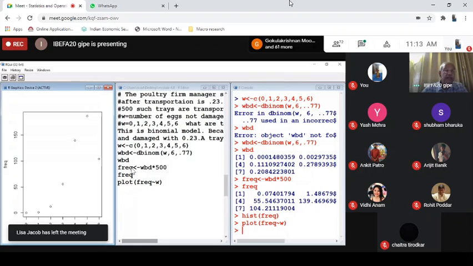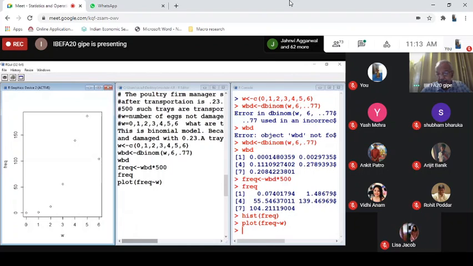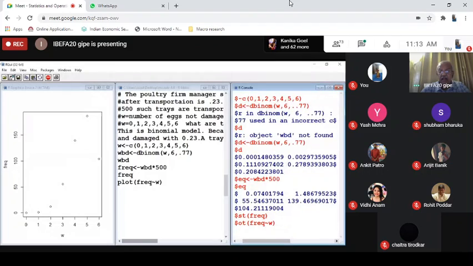And so on. So lesser will be the complaint that the customer will give. Because out of 500, approximately 104 trays have no damaged egg.